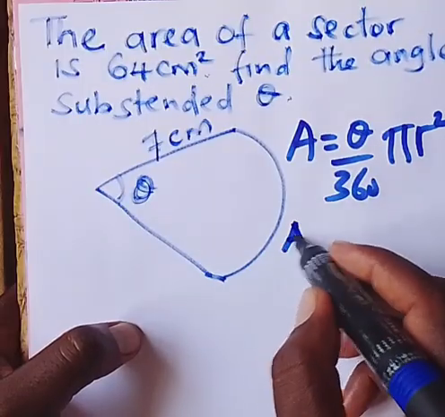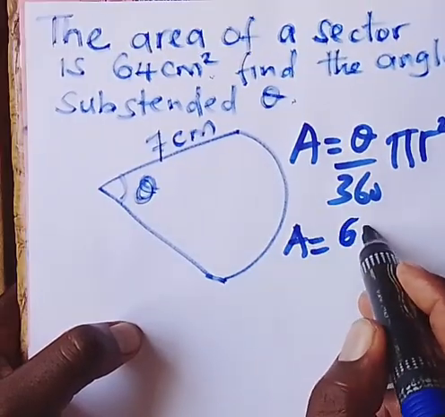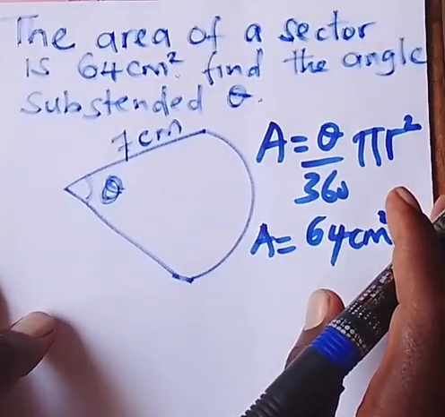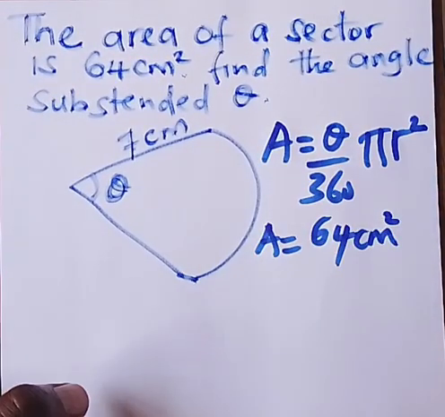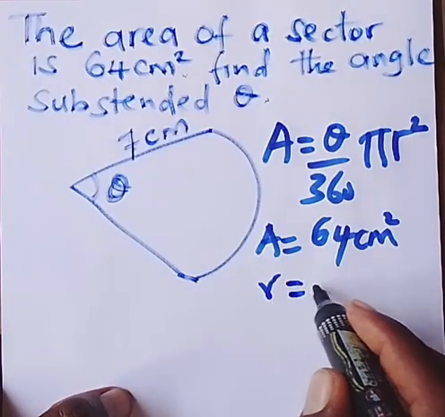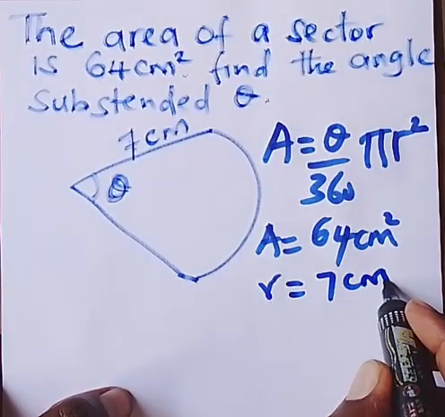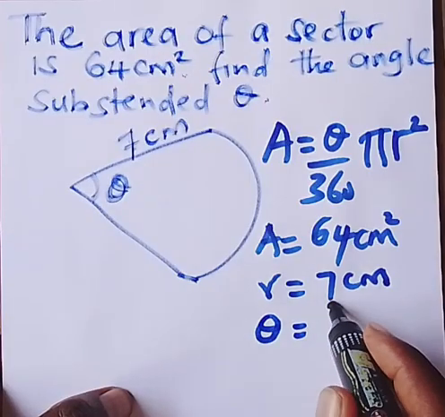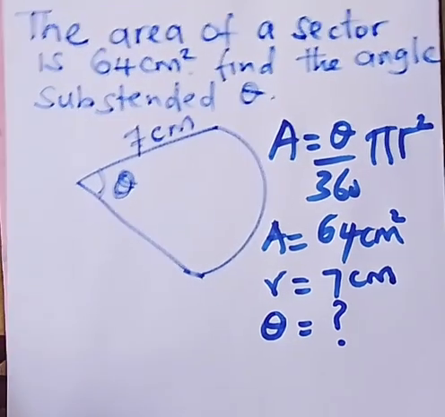We have been given the area as 64 centimeter squared. We have been given the radius as 7 centimeters. And now we have to find theta, which is the angle subtended at the center.